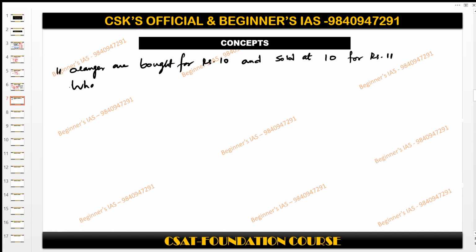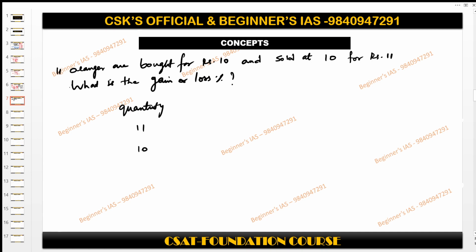Now, what is the gain or loss percentage? They will put out a question like this. So now I will tell you the best, simpler method. Here what you need to do is just make the quantity the same. So what is the quantity here? 11 here, and here the quantity is 10.